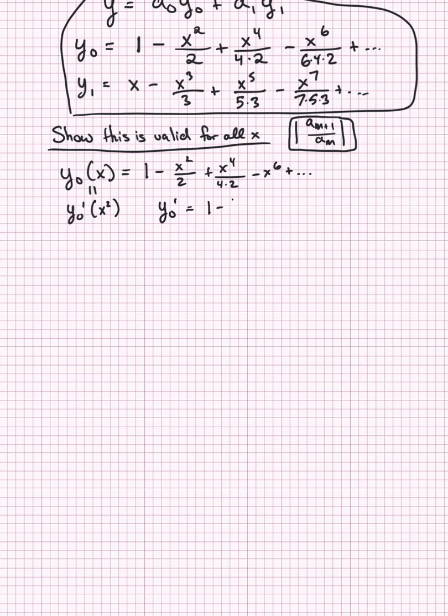So we have 1 minus x over 2 plus x squared over 4 minus x cubed over 6 times 4 times 2, and so on. Notice all that we've done is if I plug x squared into this function, then I get exactly my original solution.